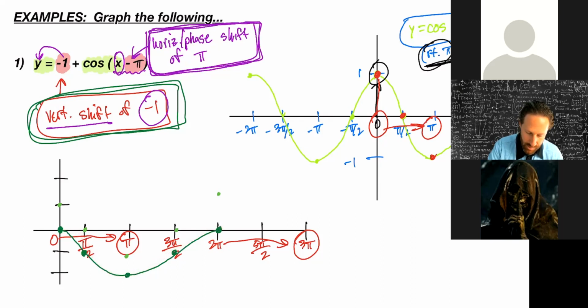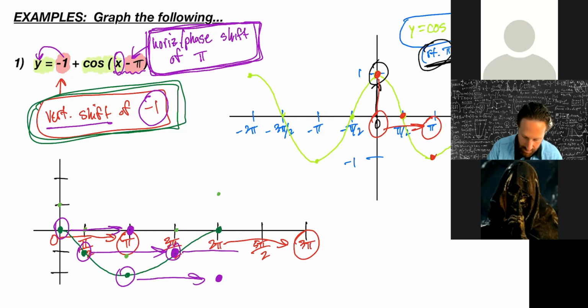So this 0 would come to here. This pi over 2 there. This pi, when I add a pi to it, I get 2 pi. The next green one was here.